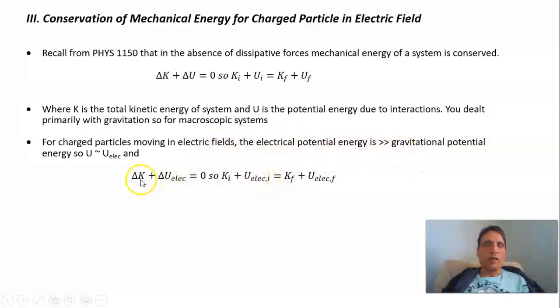So in this case, we can write conservation of energy for charged particles as the change in kinetic plus the change in the electrical potential is zero. There still is gravitational potential energy between the charges, because they have mass, but it's so much less than the electrical force and the electrical potential that for all practical purposes, we can ignore gravity in relation to the electrical force. That's going to dominate the motion.